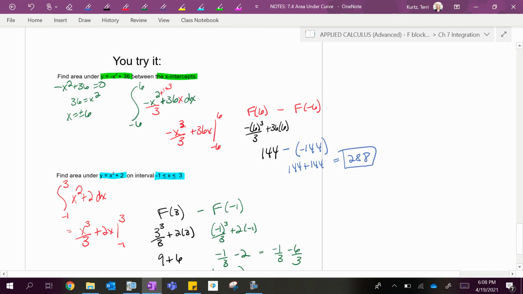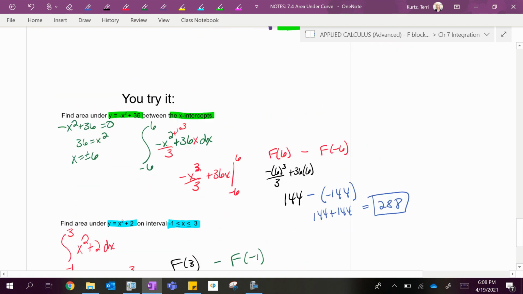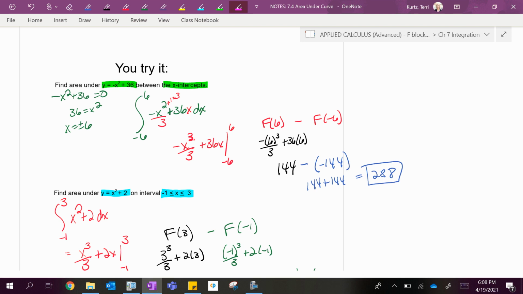So again, we had to find the x-intercepts for this curve, which we can tell is a downward facing parabola. The x-intercepts would be 6 and -6, so that is our a and our b value. We take the antiderivative, and we get negative x to the third over 3 plus 36x.